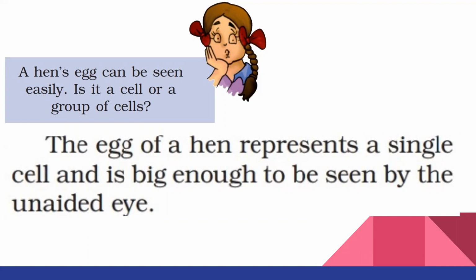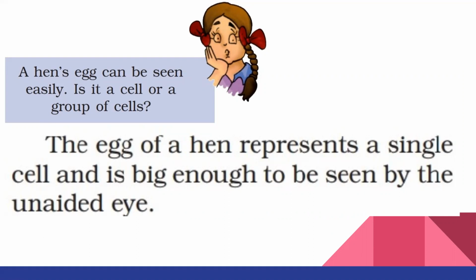So what have we learned today? Today we learned about the discovery of the cell. From this, we are concluding the main points. All living things are made up of cells, just as a wall is made up of bricks.